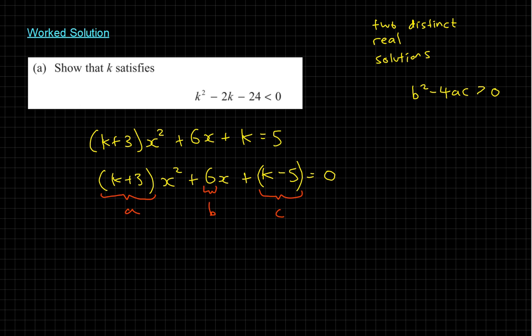Okay, so let's find out what that is then. B squared minus 4ac. In this case, b is 6, so we've got 36 for b squared, minus 4a times c. So that's our a, that's our c. And the condition is that all of that needs to be greater than 0.